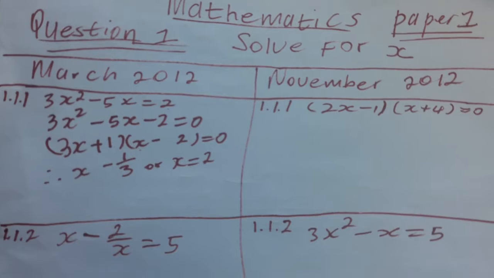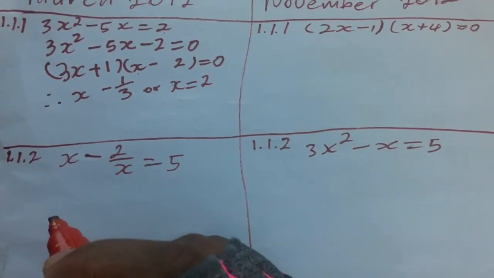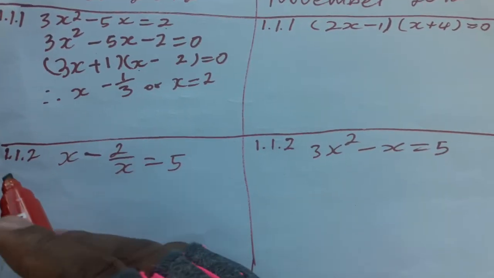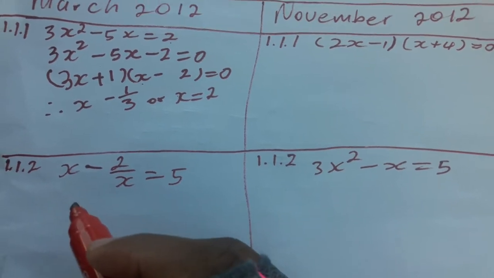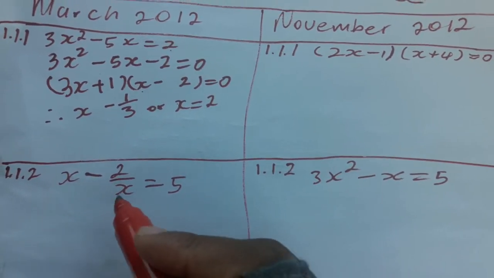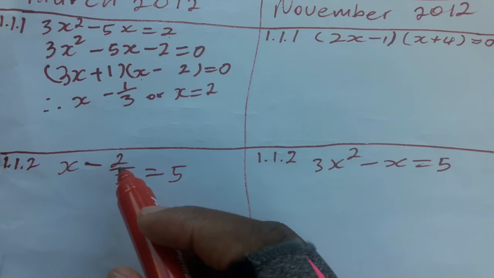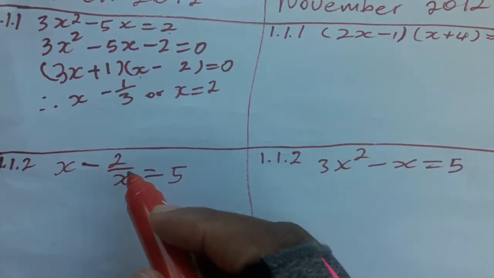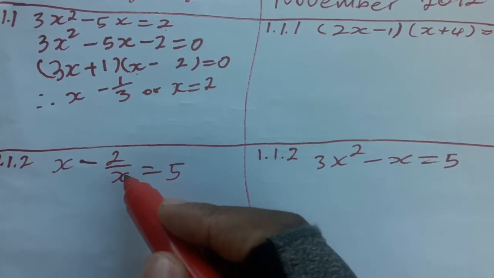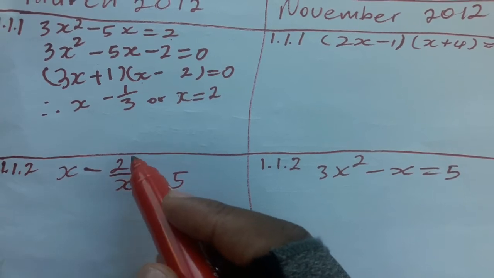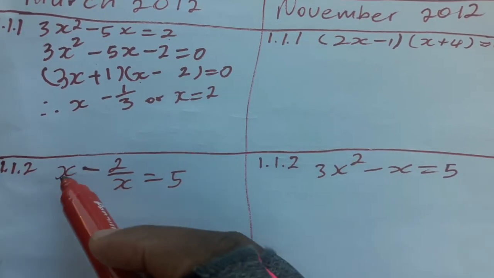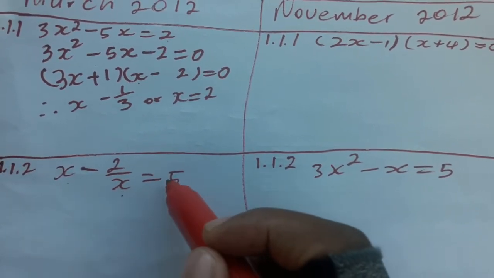Okay, and then we move on to the second one. It's question 1.1.2, solving for x. How do we do this? Easy. We're just going to say this guy times this guy, and then this guy times this guy.